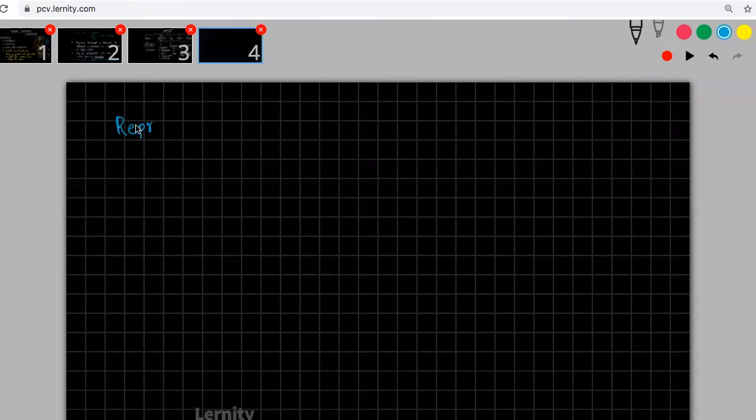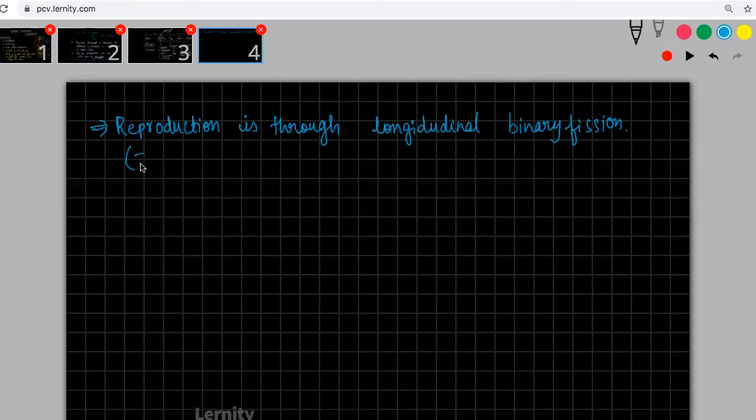Reproduction is through longitudinal binary fission. Okay, the flagellum is the one first.